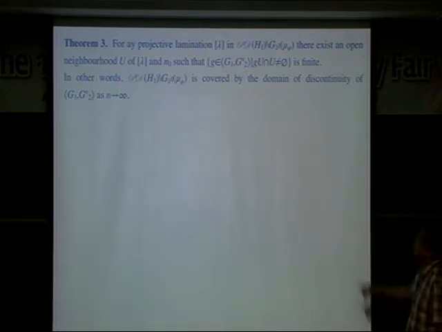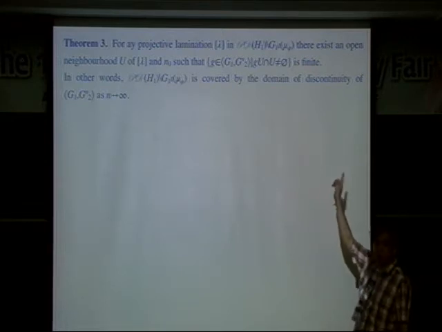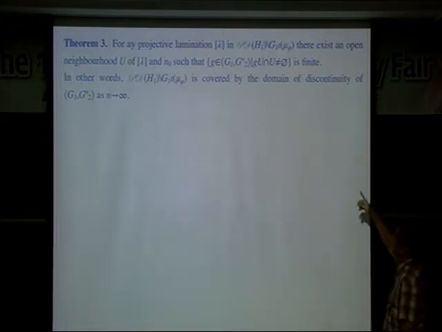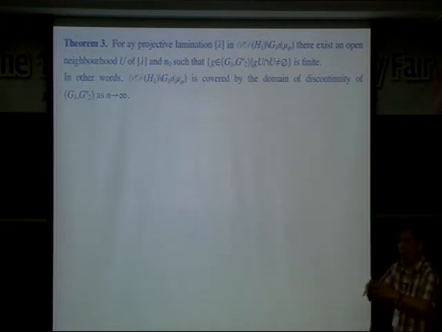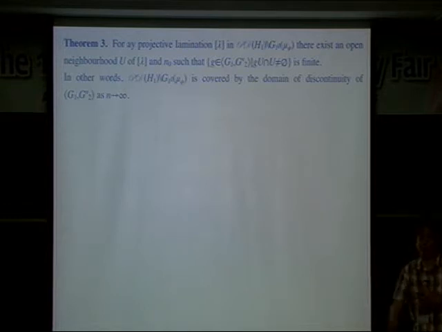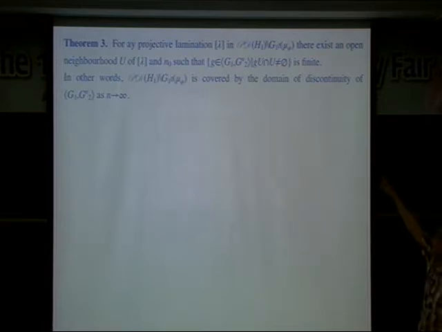That means if you take any lamination in this set, then you have a neighborhood such that for sufficiently large n, it's contained in the domain of discontinuity. So the domain of discontinuity getting larger and larger eventually covers this set.